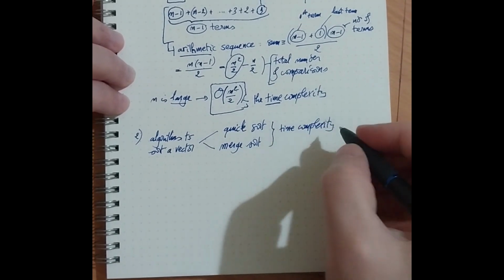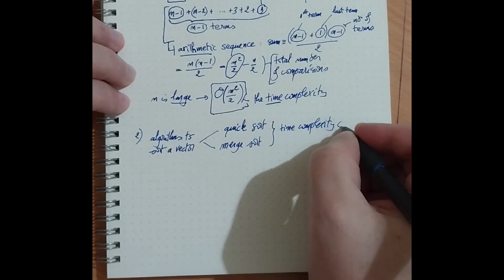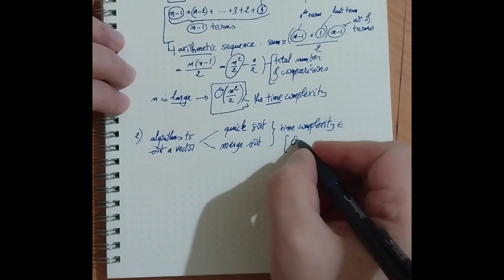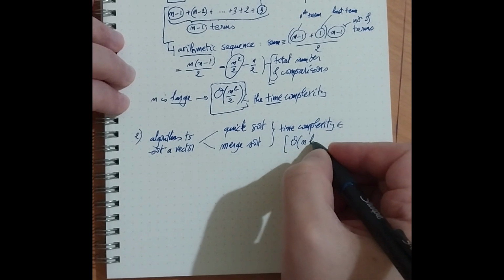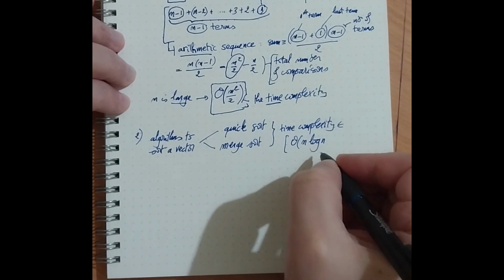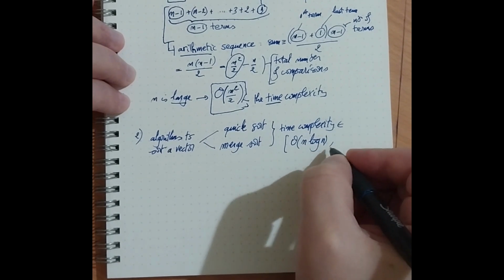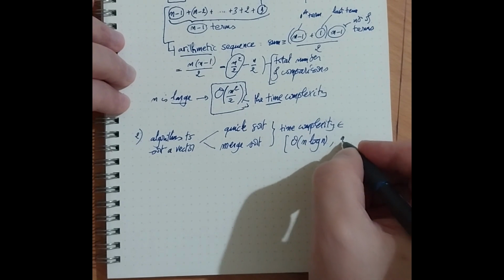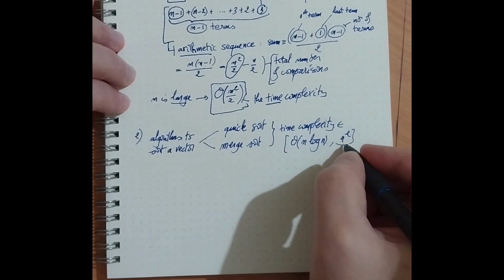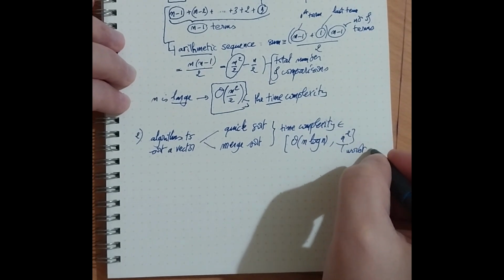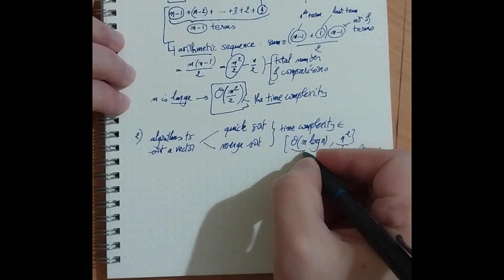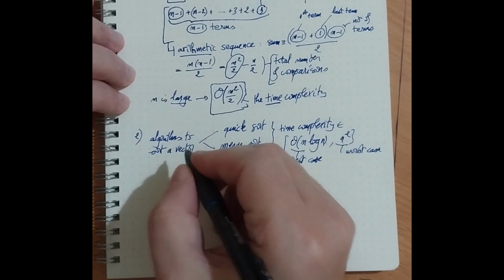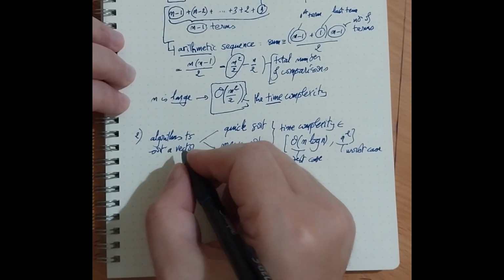Time complexity is between the order of n log n, this is the best case, and the worst case is n squared. It depends on the vector, on the elements, on the input, on the data.